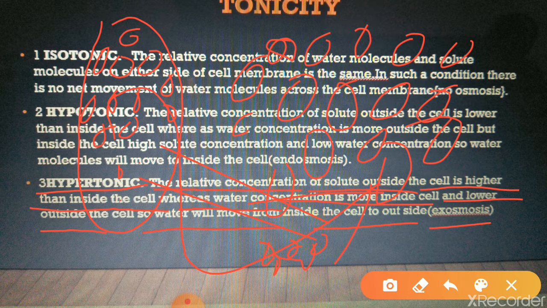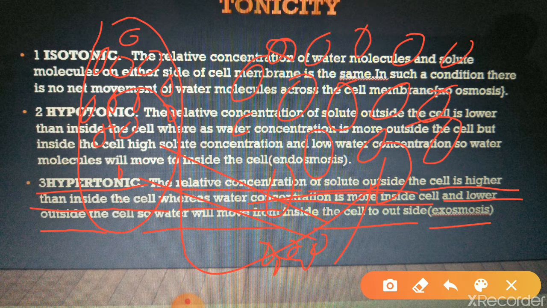During exosmosis, water will move from inside the cell to outside. Why is water moving from inside to outside? Because inside the cell more water molecules are there, but outside the cell there is less.